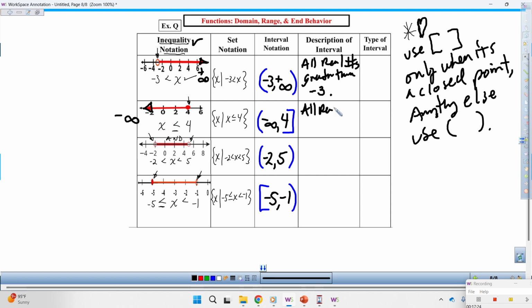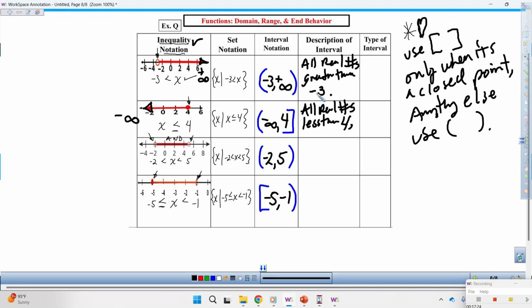All real numbers, what would we write there? Less than 4. Less than 4. Comma, what?